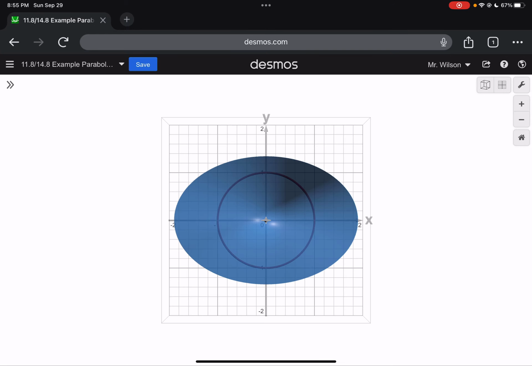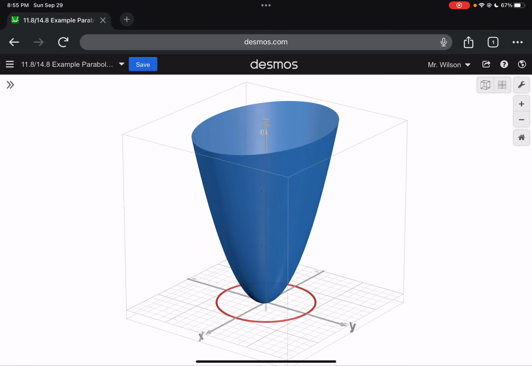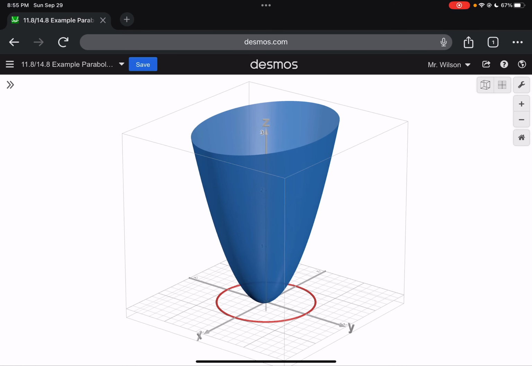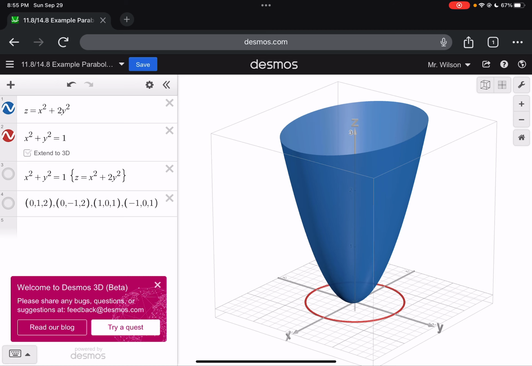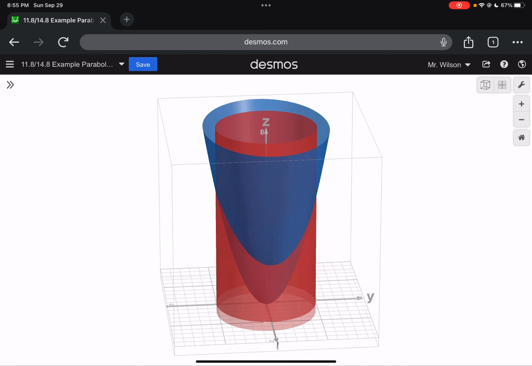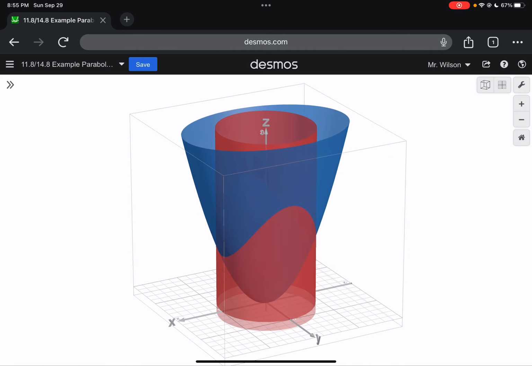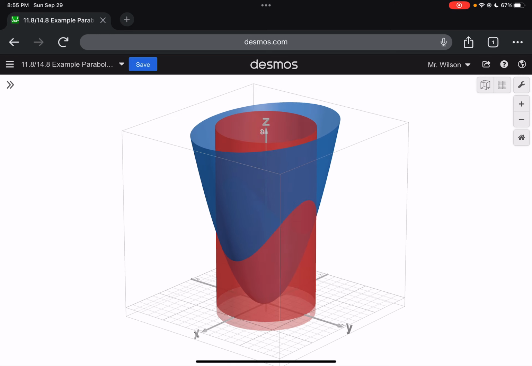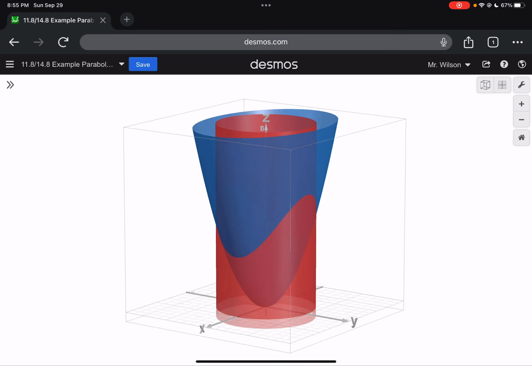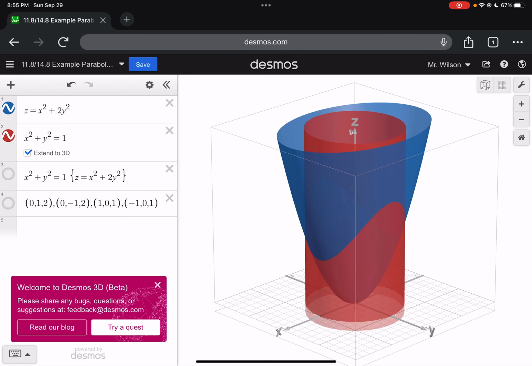So we're looking for the values of the function that are maximum and minimum that also lie on the circle. So if I extend this circle into 3D, you can see how it cuts through and creates this curve along the surface, because the surface isn't perfectly circular, so it's stretching in one direction. So the curve that leaves is right there.